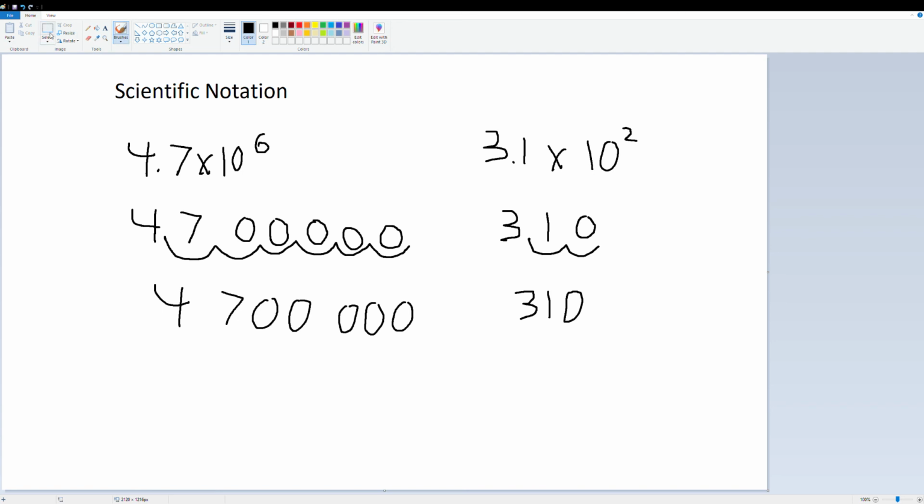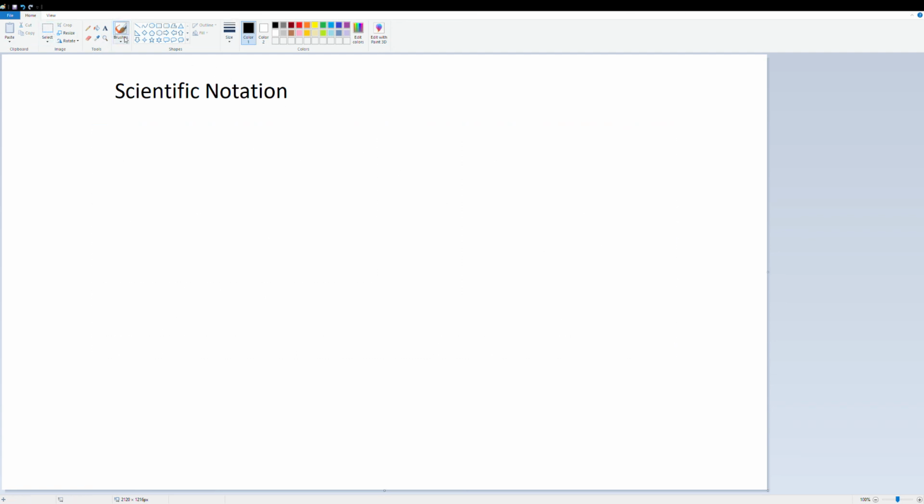Now we can go the other way for small numbers. So we'll take 9.87 times 10 to the negative 7. We're going to write out over here 9.87. But now we need to move it not this way, but the other way because it's a negative exponent.